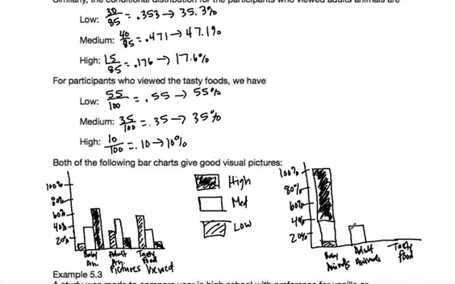So the bottom piece is going to be here. Then they had 47.1%, so 47.1% plus that 35.3% is going to put you past 80%. And then plus the 17.6% should take you to 100.